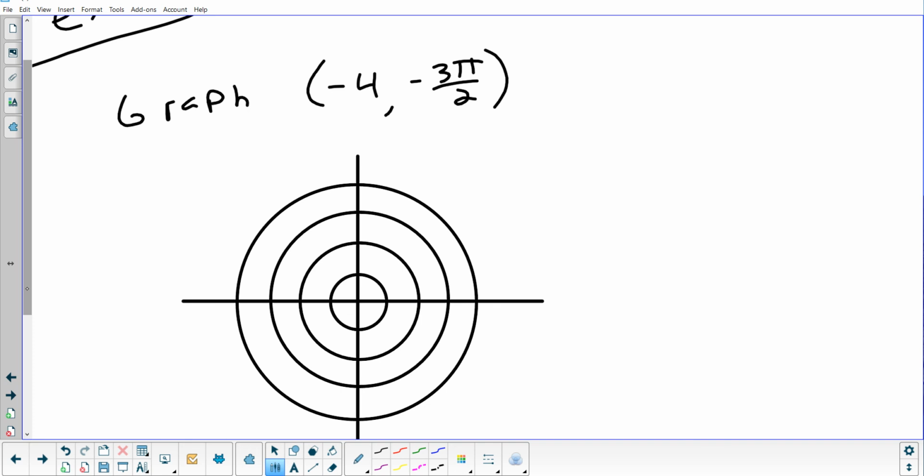Yeah, 45 degrees, that's pi over 4. Negatives, exactly. The only time the negative doesn't really matter is if it's 180, because whether you go halfway around clockwise or halfway around counterclockwise, that doesn't matter. But the negative matters here.